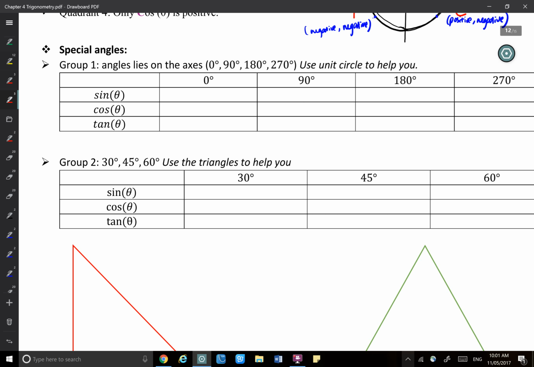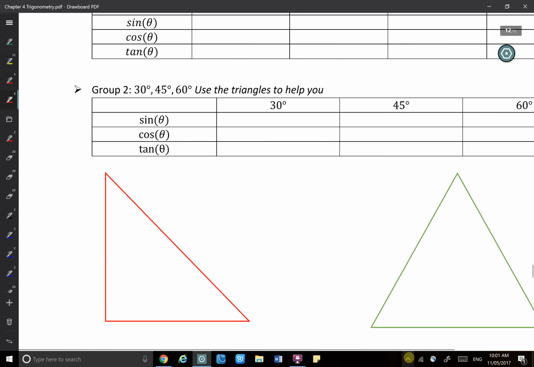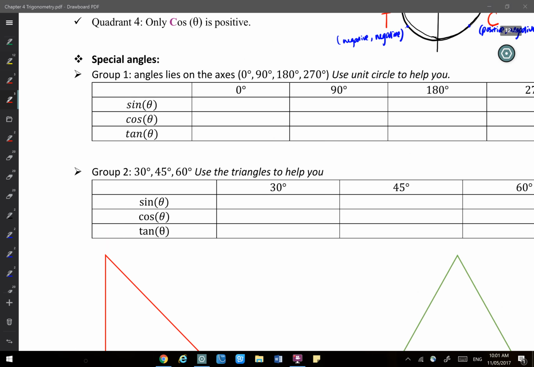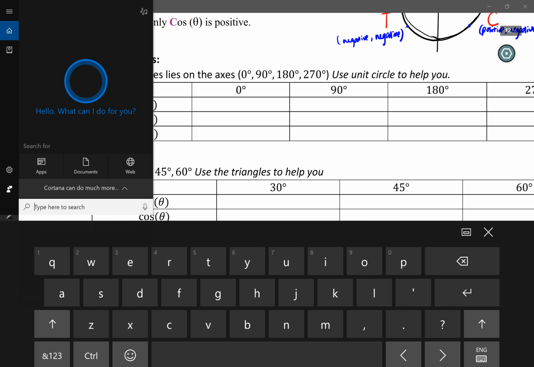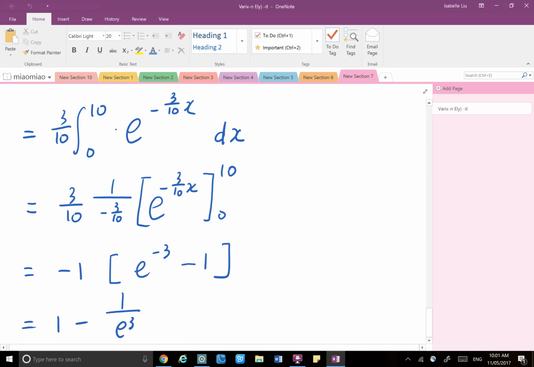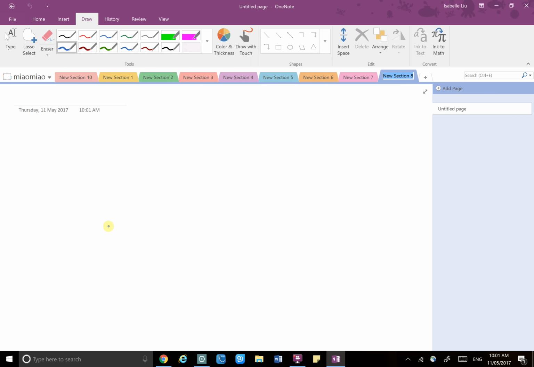So why are those angles easy to calculate? Well, I actually should give a larger space, so I'll do it here. Let's say we have this unit circle.